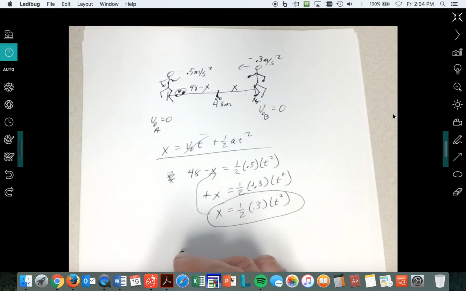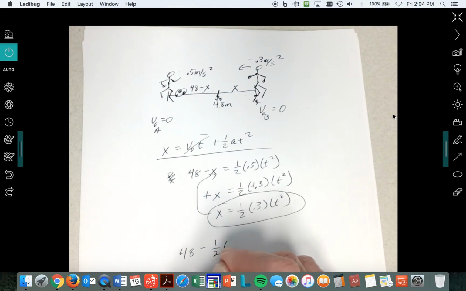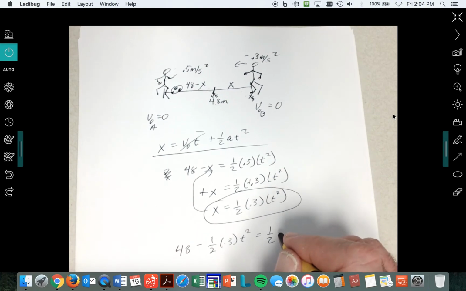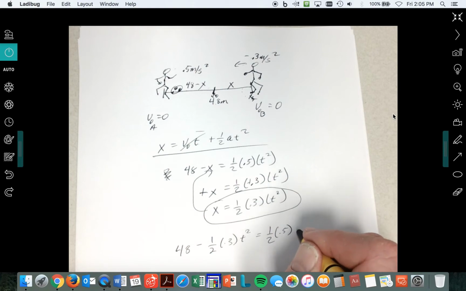So we've got 48 minus 1/2 0.3 t squared is equal to 1/2 0.5 t squared.